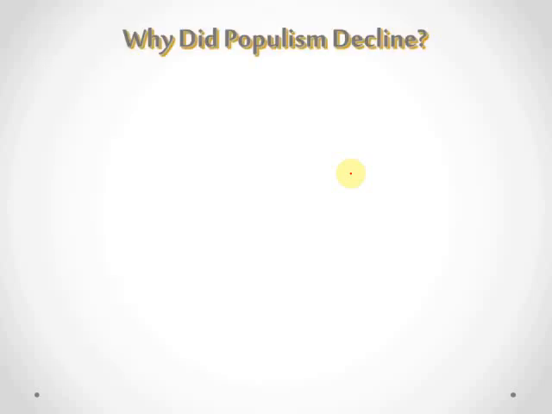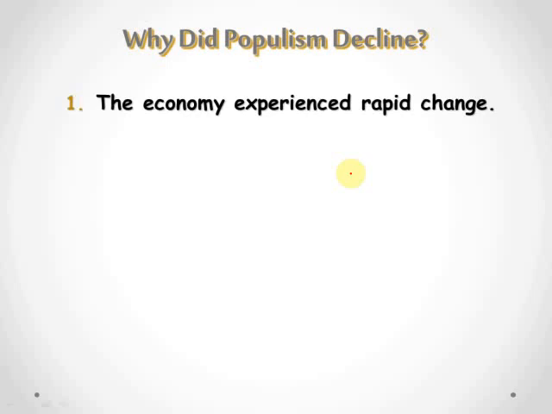So the last slide. Why did populism die? Last slide for Unit 6 and this semester. Number 1. The economy experienced rapid change.